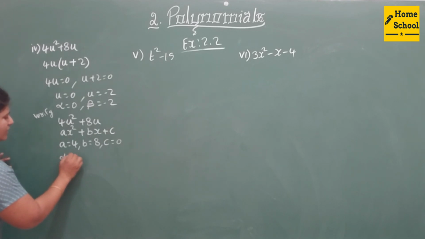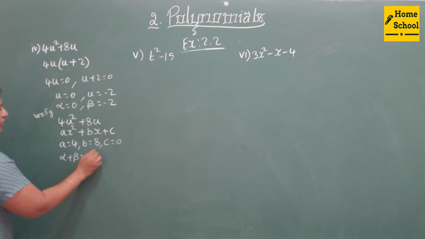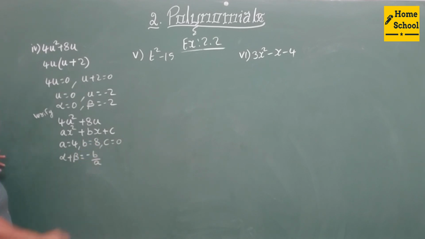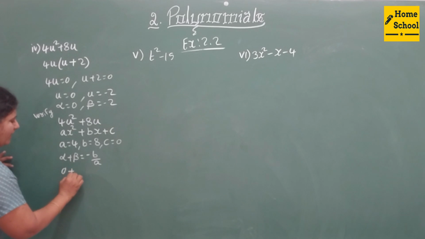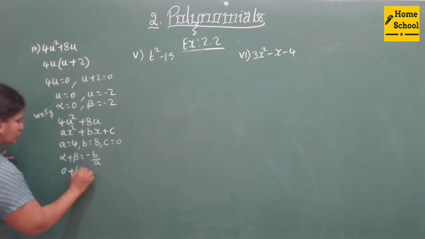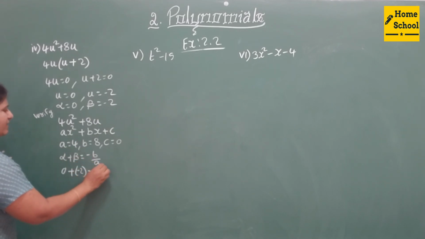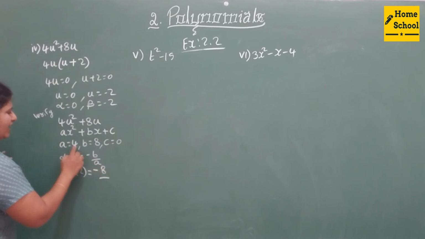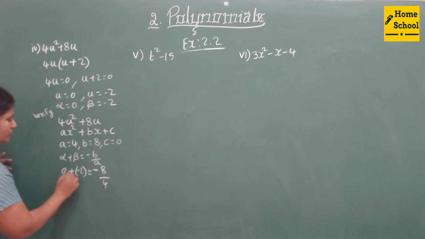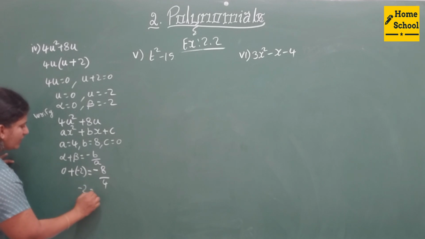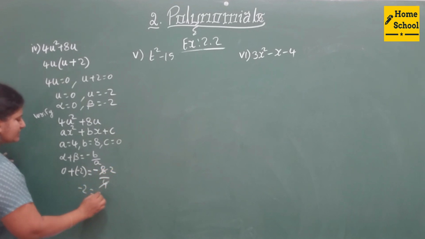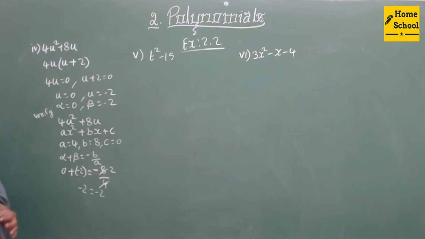Sum of the zeros, alpha plus beta is equal to minus b by a. That is, alpha value is 0 plus beta value is minus 2, equal to minus b value 8 by a value 4. So minus 2 equal to minus 2.